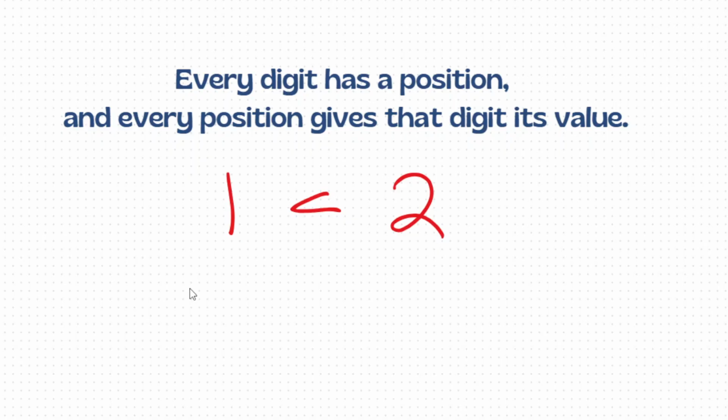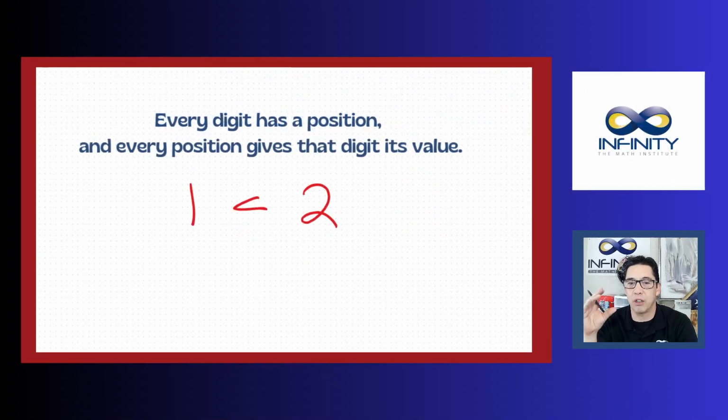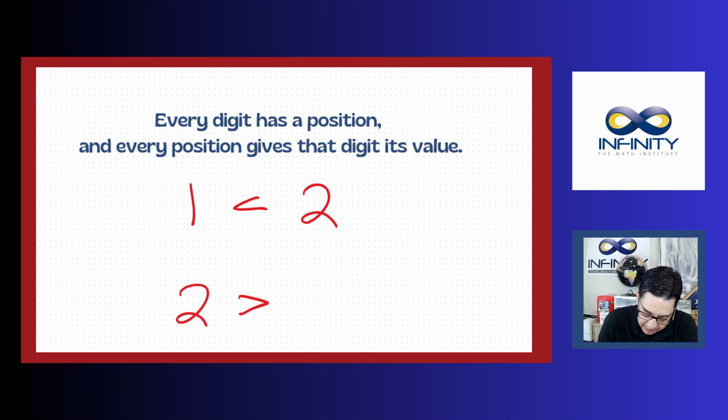You're always going to point to the lower number, or you're going to have the alligator eat the bigger number, right? And then once you write that, here the alligator eats the 2, or the arrow points to the 1. So now you can realize that this means less than, and this means greater than.